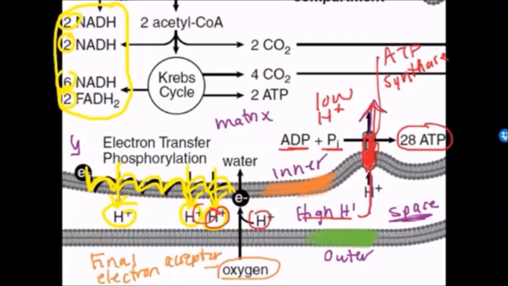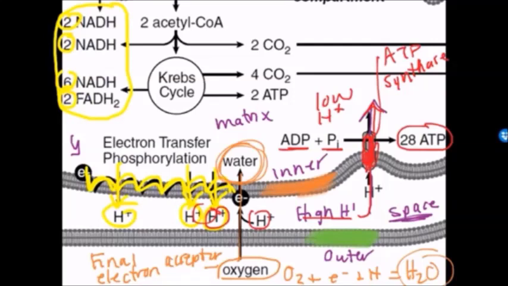And when that happens, we're going to be able to generate water. So when oxygen grabs those electrons, we've got essentially O2, plus some of the electrons, plus some of the hydrogens, and ultimately that's going to give us water. And so you can see that water is generated as a part of this process.